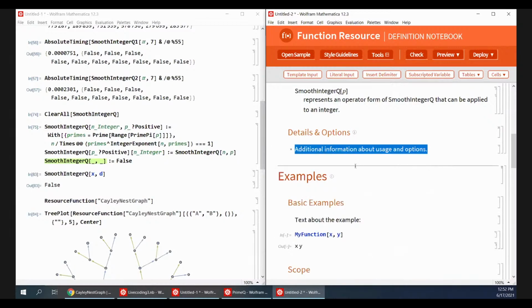So let's say an integer n is said to be P smooth if its largest prime factor is less than or equal to P. We should probably use P if we're using P. That's a really good point.